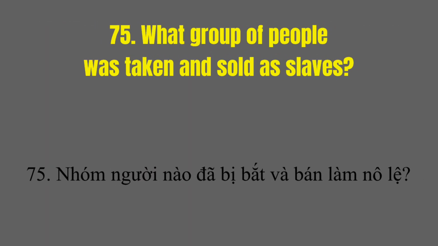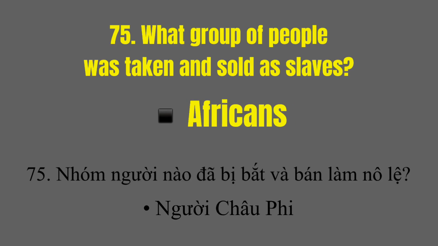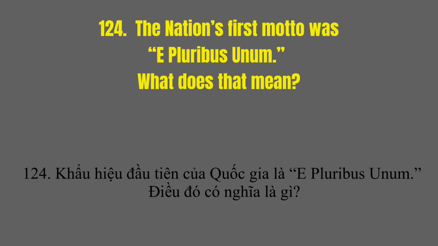What group of people was taken and sold as slaves? Africans. The nation's first motto was E pluribus unum.